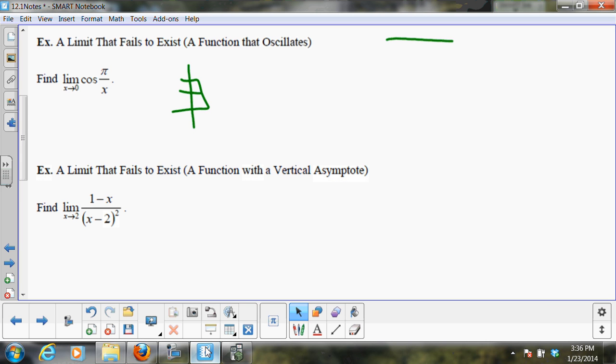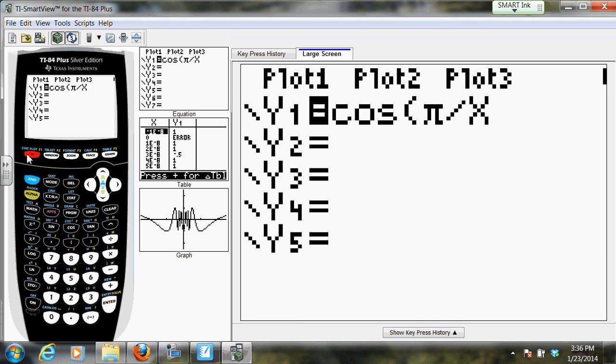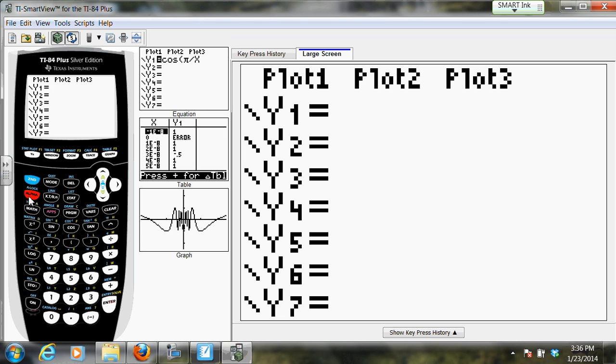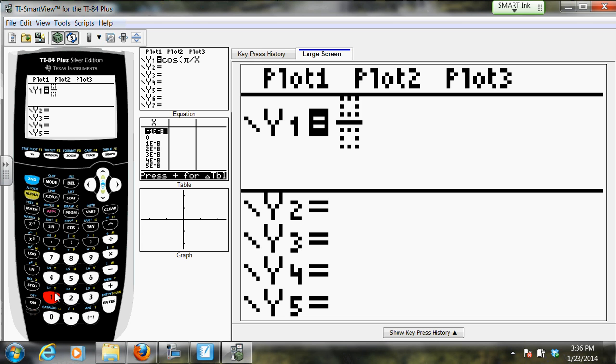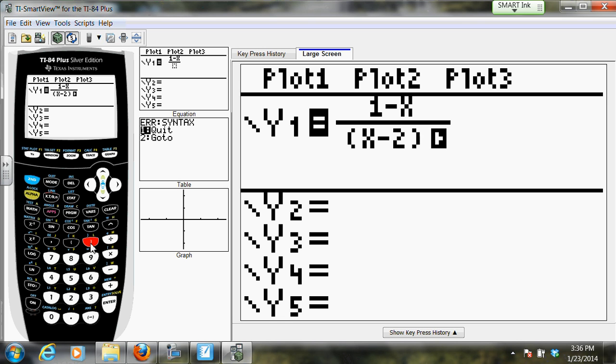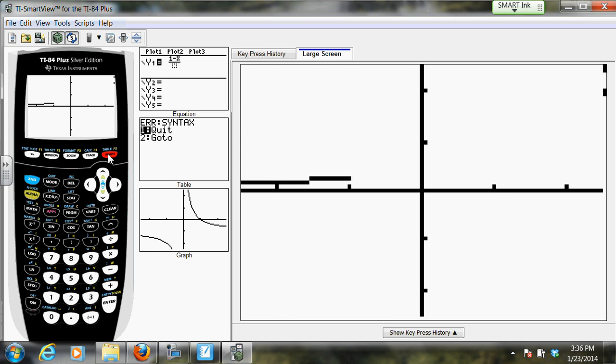This one has an asymptote. We want to find the limit as x is going towards 2 for this function, with 1 minus x on top and x minus 2 squared on the bottom. I'm going to look at the graph going toward 2.